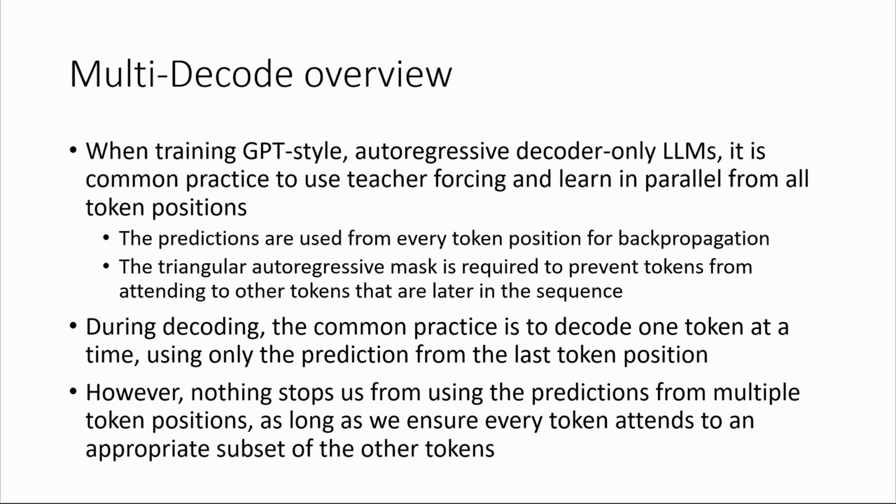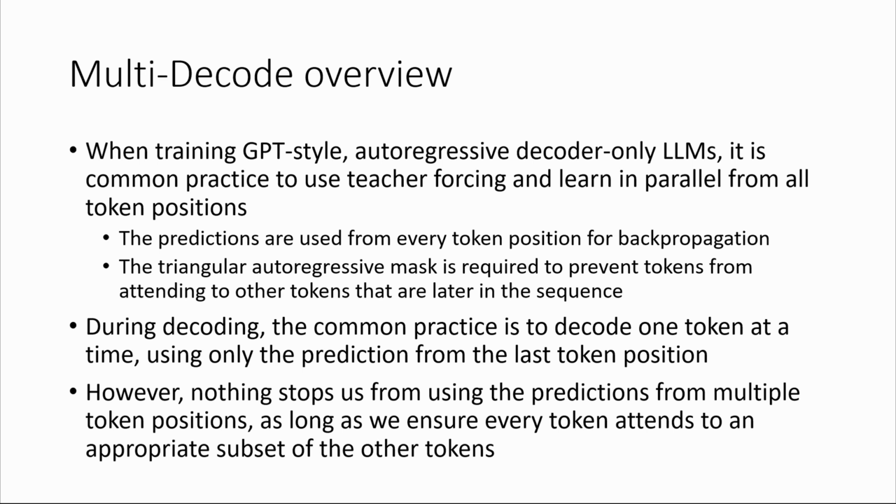The reason we don't is because we want to ensure that every token attends to a logical subset of the other tokens. The most logical, simple thing is that the last token attends to everything that it saw before it. But what we're going to show here is that if you use proper masking, even if you have other tokens in there, you can just hide them using the mask so that a particular token that's not supposed to see them won't see them.